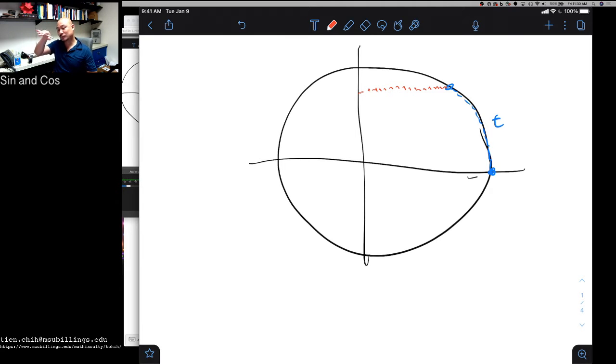So we're formally going to give this thing a name. This height function is going to be sine of t, right? And it is going to measure how high up or down you are on the unit circle after you traverse t units, right?